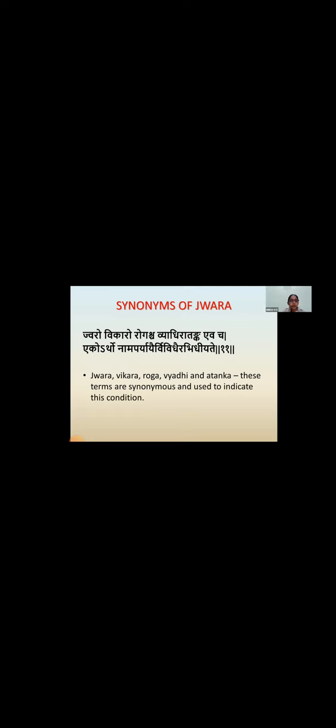That is why it has different names like Jwara, Vikara or any type of disease, or Roga, once again disease, Vyadhi, Atanka. That means the different combinations of signs and symptoms, Atanka, or the Vyadhi Samuchaya, all these will come under this heading Jwara.